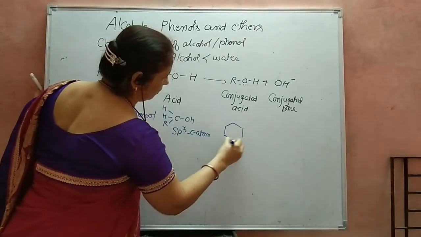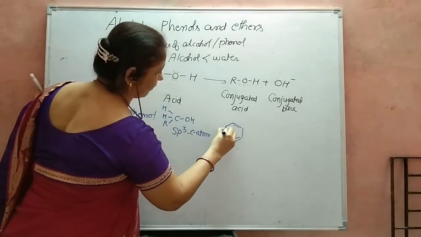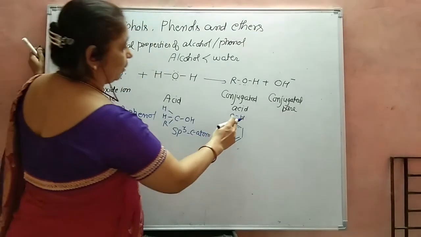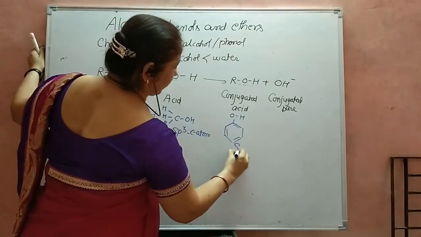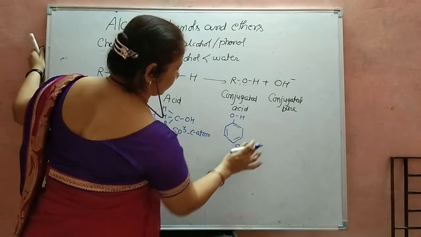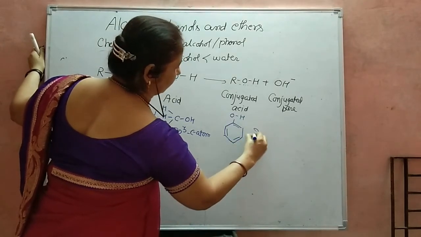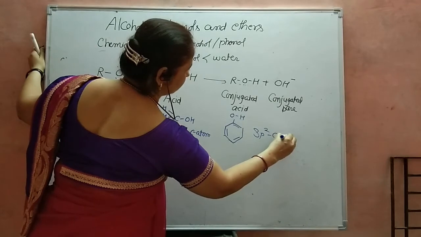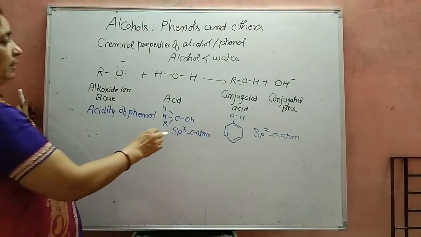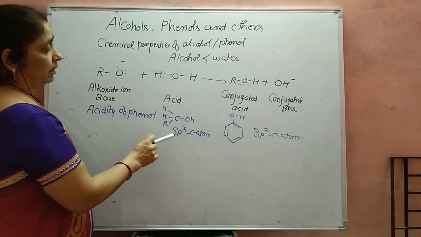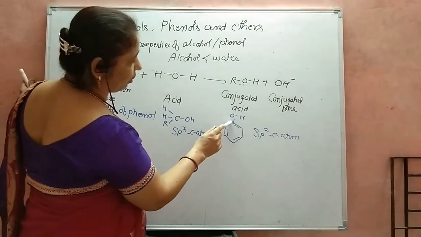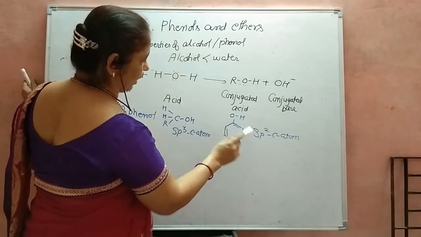While in phenol, the OH group is attached to the sp2 carbon atom. ठीक है, OH group किससे अटैच है? sp2 carbon atom से अटैच है. In alcohol, the OH group is attached to an sp3 carbon atom, while in phenol, the OH group is attached to an sp2 carbon atom.